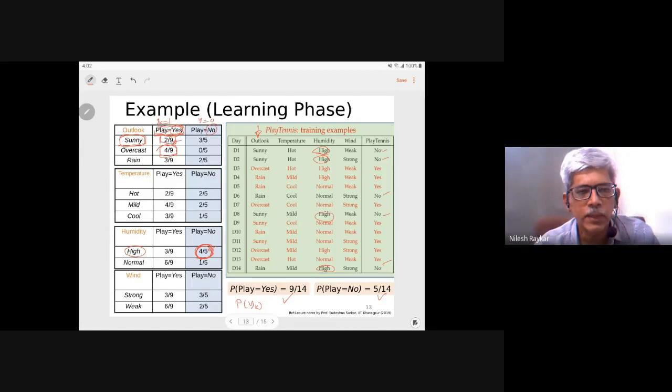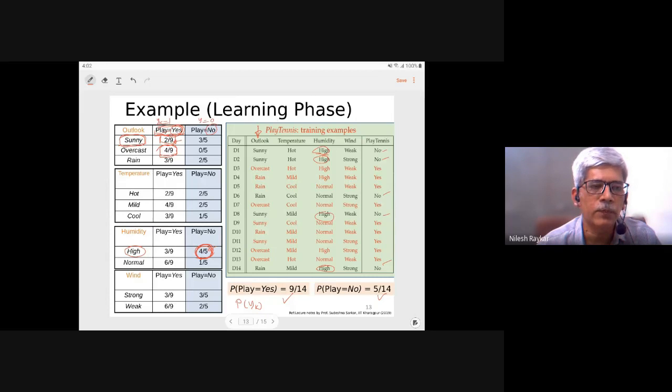Now once you have this table ready, for any random combination of the features, you can calculate the most probable label, whether you will play tennis or not play tennis in this particular case. In general, this technique can be adopted for any problem. Only the number of combinations that you have to work out will keep on increasing.